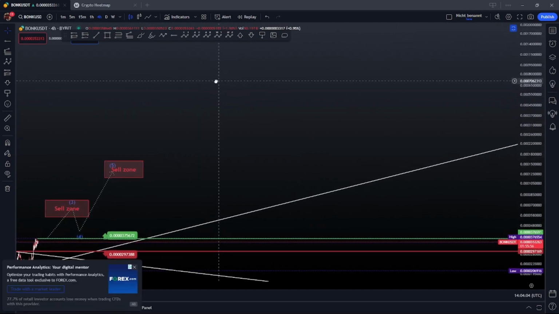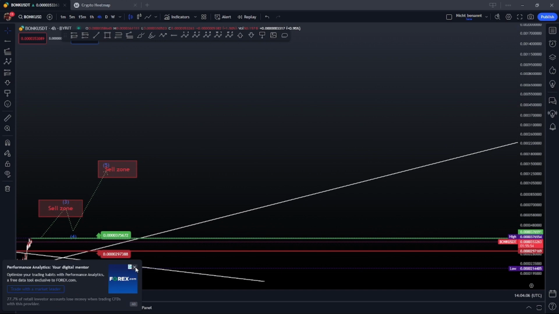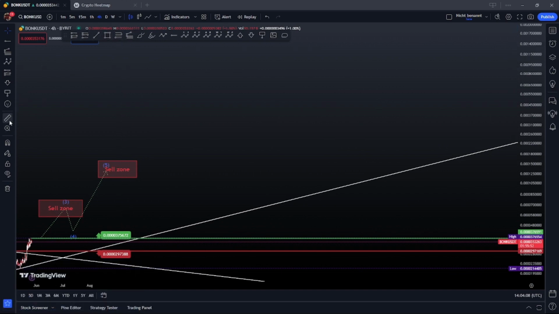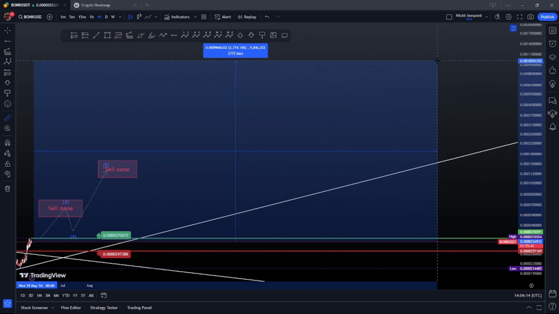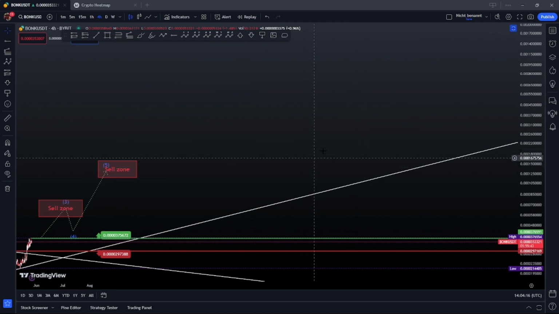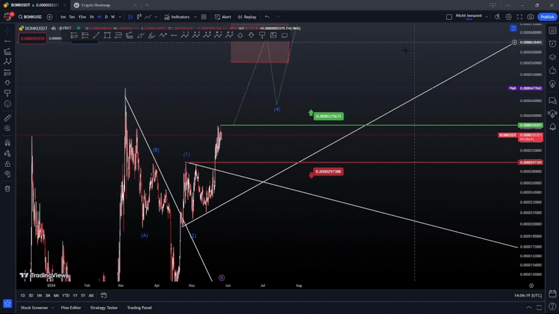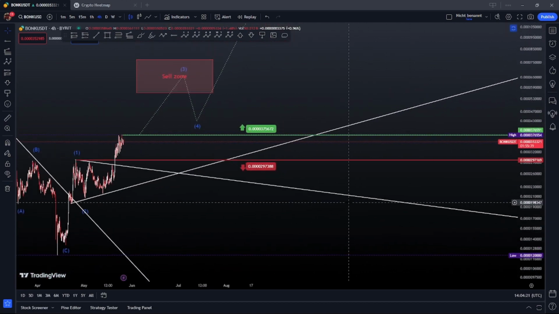So if we take our current price now and we measure such a move, we're going to end up with around 3000%, which I think is definitely a very possible scenario.